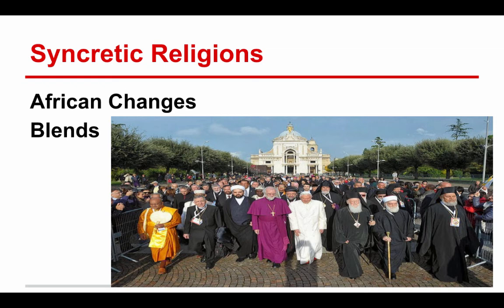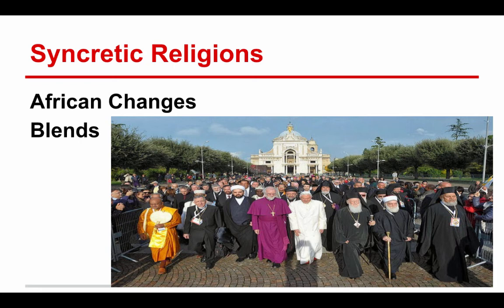Like, for instance, a lot of African religions in the New World will also blend with Christianity to create this spiritual, monotheistic type of religion. Like, for instance, saints will take the place of African spirits, and so on and so forth.